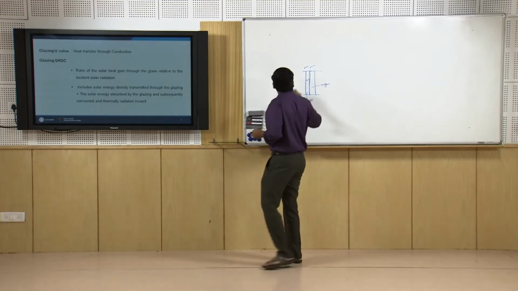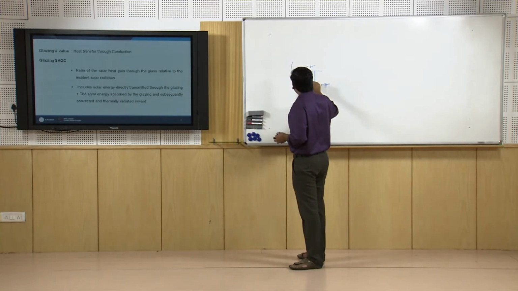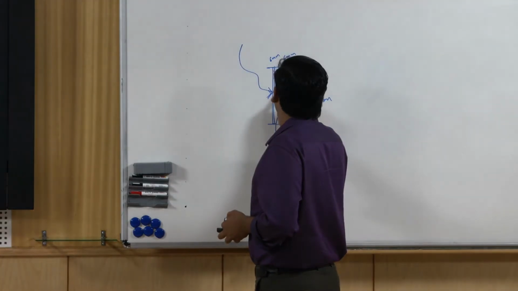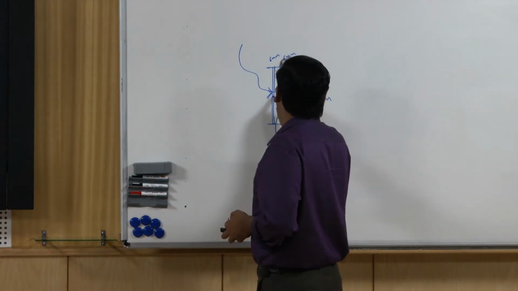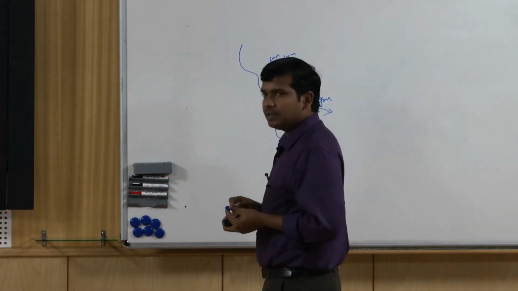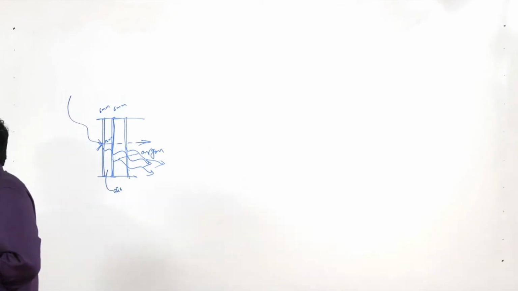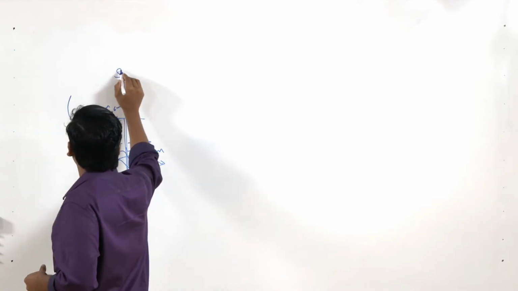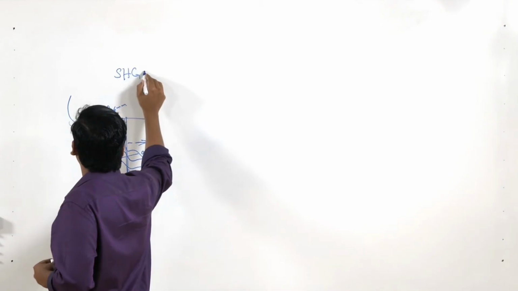The moment long wave and short wave solar radiation hit your glass, partly it is transmitted, then some of it is absorbed and retransmitted, each layer retransmitting it. Effectively it is given using a number called SHGC, or solar heat gain coefficient.